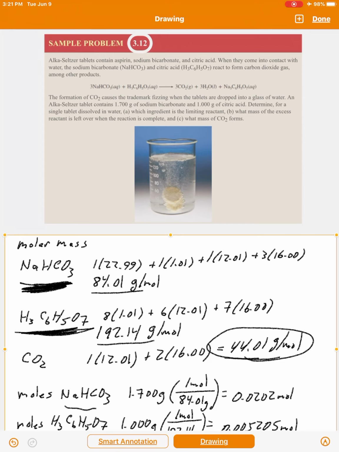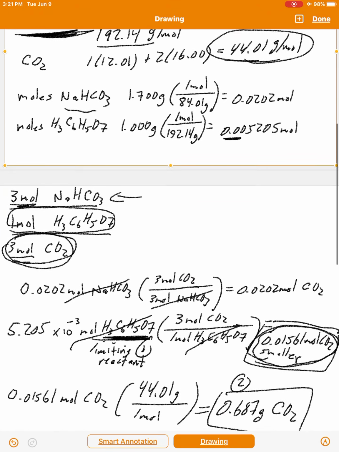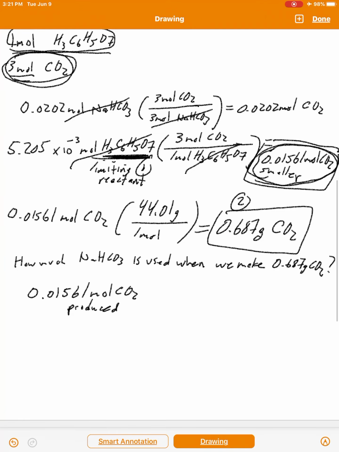So if one of those ingredients is not there, we don't make a cookie or we don't make carbon dioxide in this case. So all we have to do is say, okay, if we make this number of moles of CO2 right here, how many moles and how many grams of sodium bicarbonate would be used for that?